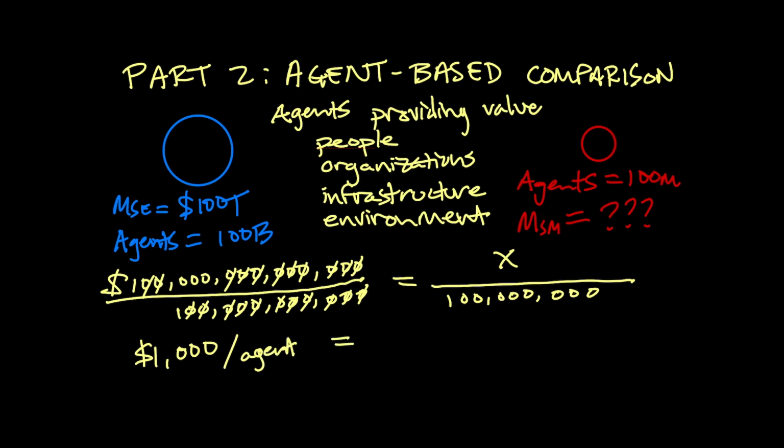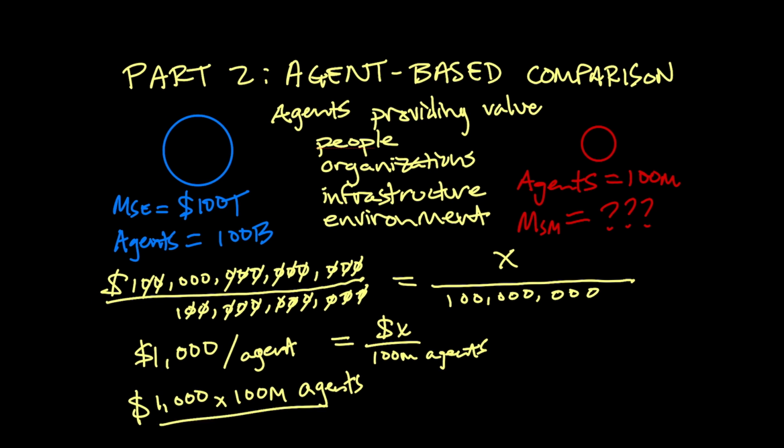And we equate that to x dollars per 100 million agents on Mars. So once again, we're going to cross multiply. So we get 1,000 times 100 million agents, and we can simplify this. And the answer we get for the money supply on Mars is 100 billion.